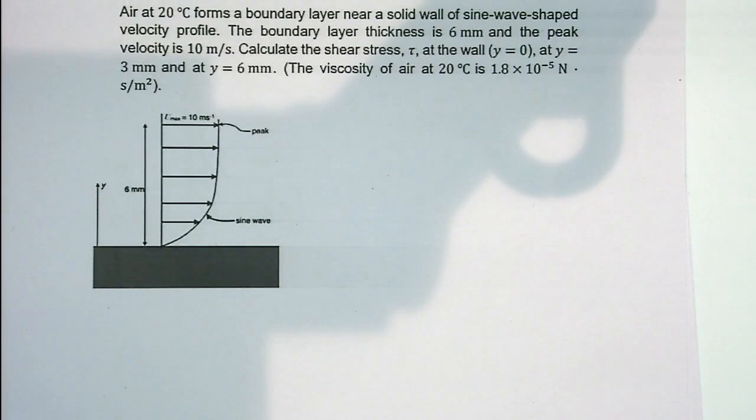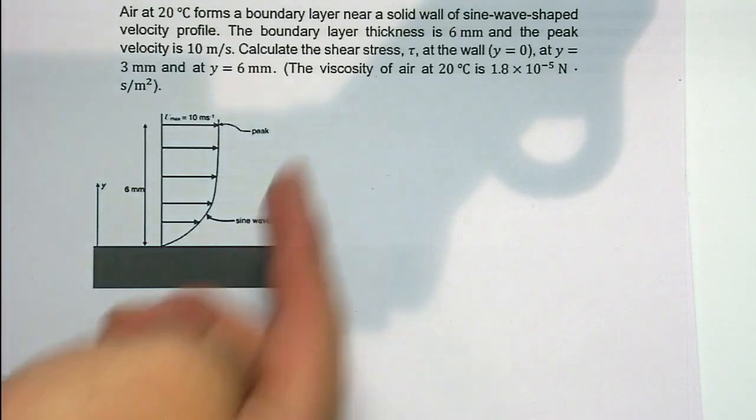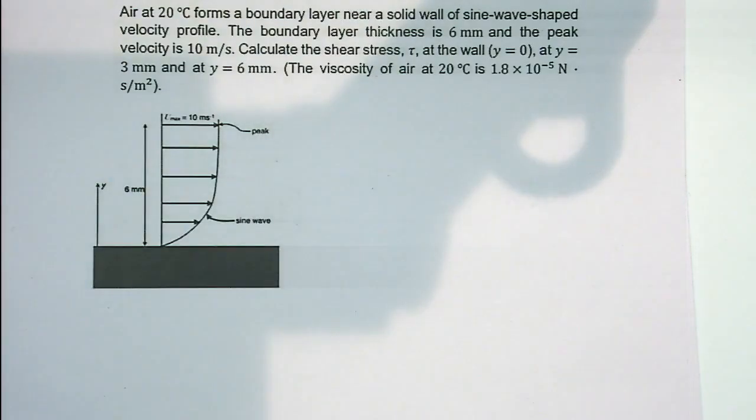So the air at 20 degrees forms a boundary layer near a solid wall with a sine wave-shaped velocity profile. Because it has viscosity on the wall, the profile forms a shape like this. And the boundary layer thickness is 6 millimeters.